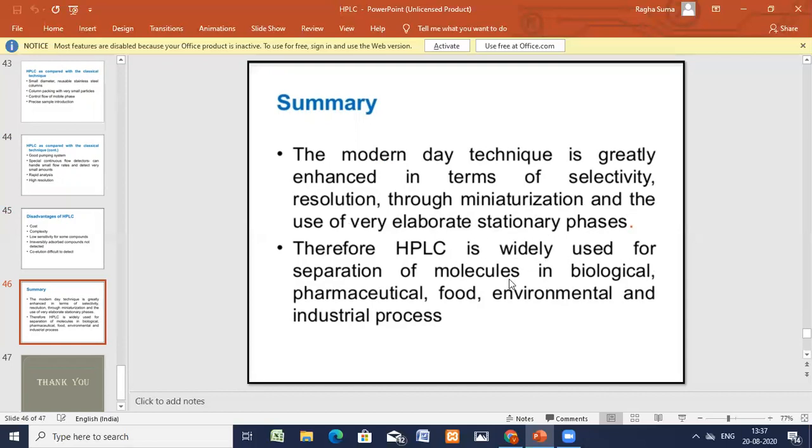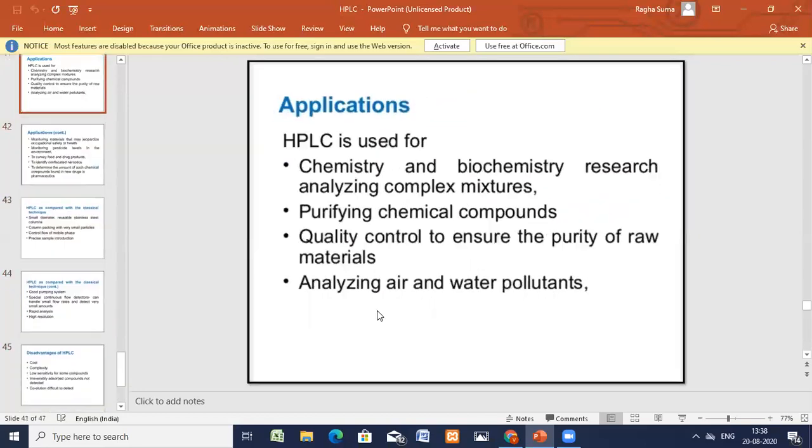HPLC is widely used for separation of molecules in pharmaceutical, biological, food, environmental, and industrial processes. So this is the overall explanation of HPLC.